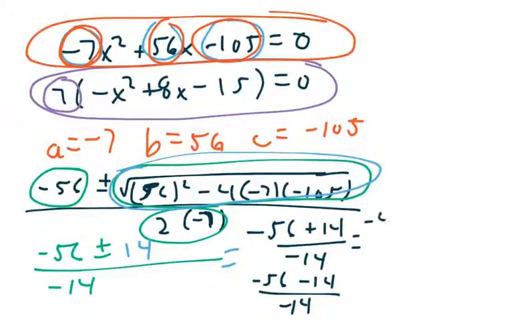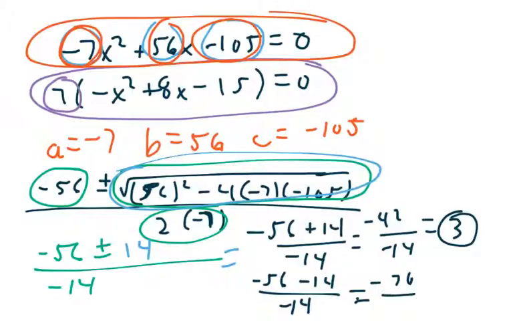Negative 42. And when I divide by negative 14, I get positive 3. And when I do negative 56 minus 14, I get negative 70 divided by negative 14 is positive 5.